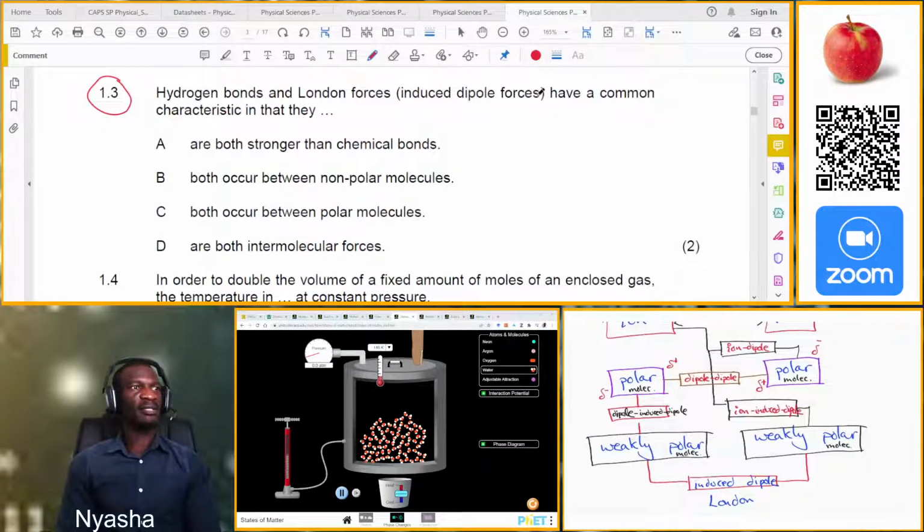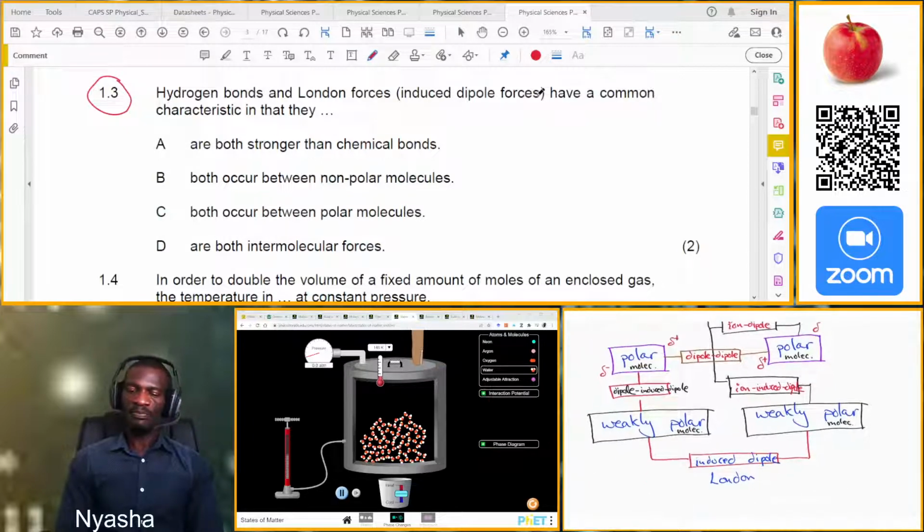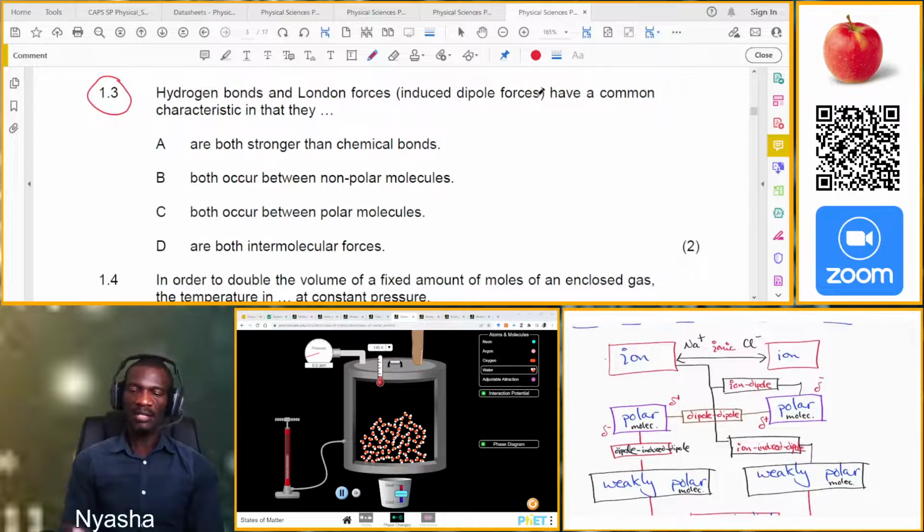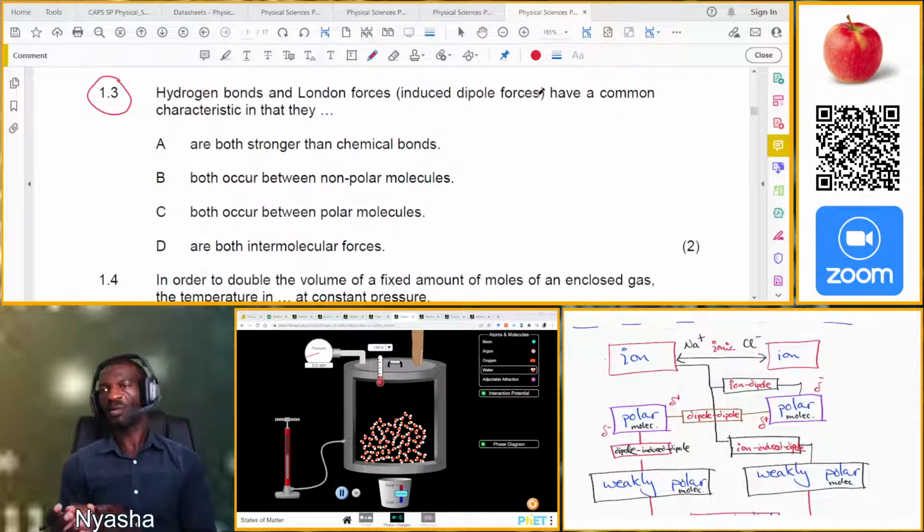The next one: both occur between non-polar molecules. The London forces do occur between non-polar molecules, but the hydrogen bonds can occur between polarized, polar molecules.